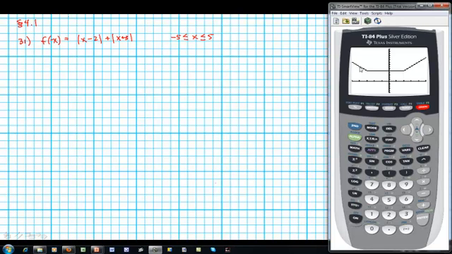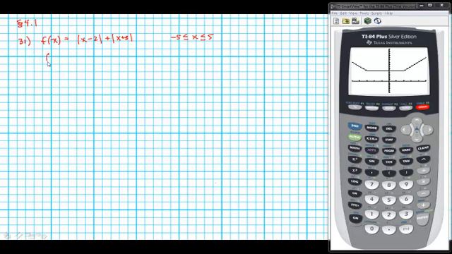it looks as though we've got an absolute minimum down here, and then one of these two endpoints looks like it is going to be the absolute maximum. This one over here, a local maximum. And we could go ahead and calculate that out.